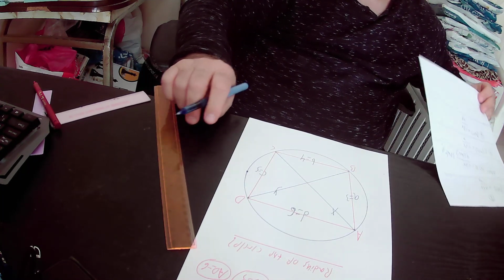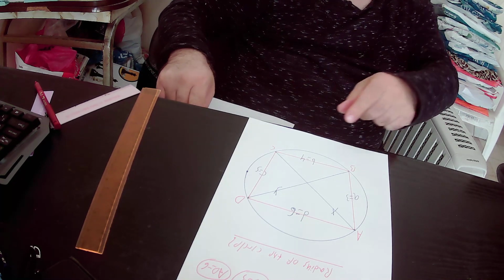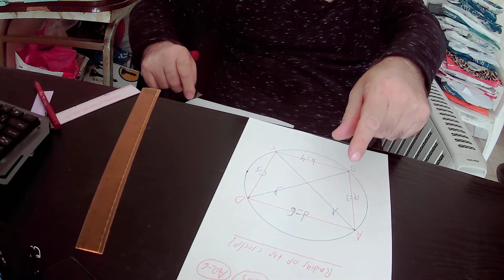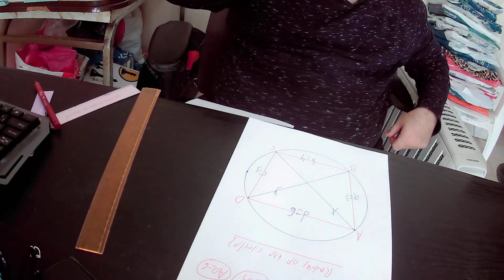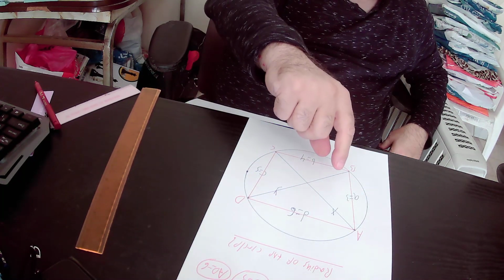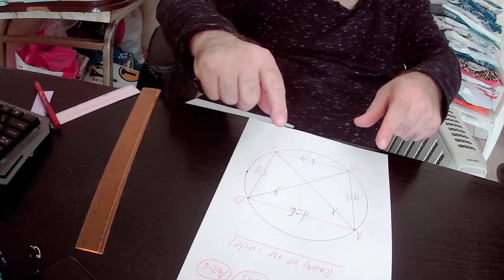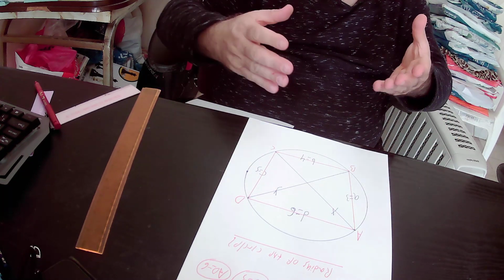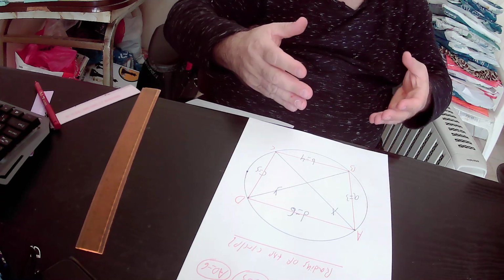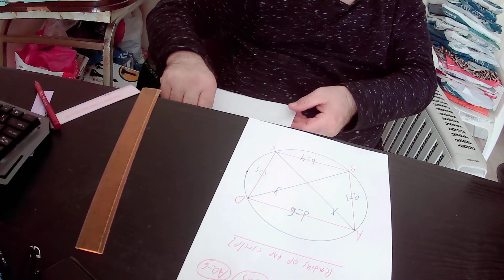But as you can see from the drawing, if we combine triangle ABC with triangle ADC, we will get quadrilateral ABCD. Therefore, the area of quadrilateral ABCD will be equal to the area of triangle ABC plus the area of triangle ADC. So I will write it down.